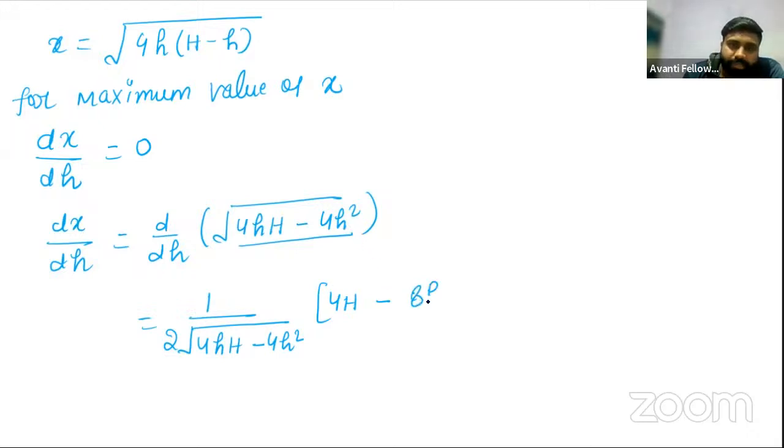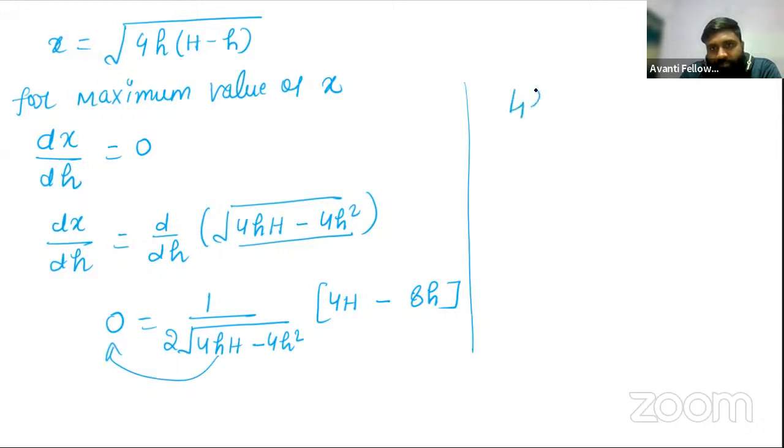So it will become 8 small h. And this would be equal to 0. So this vanishes to 0. Finally, what you have is 4 capital H is equal to 8 small h.